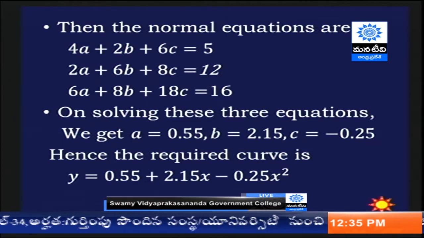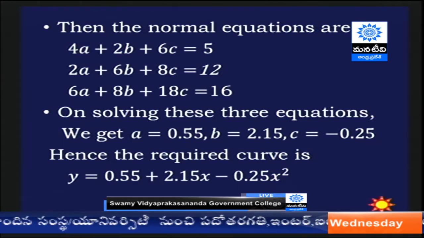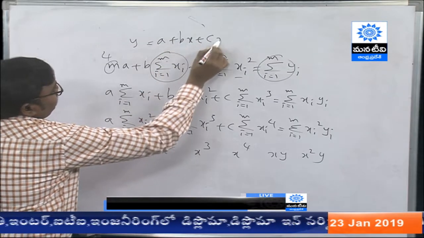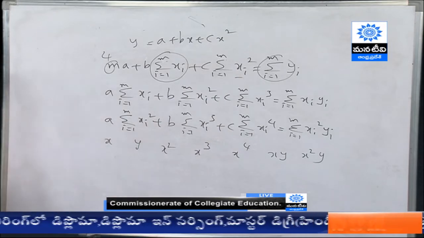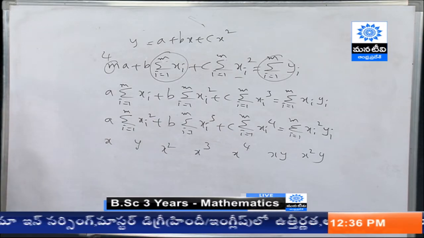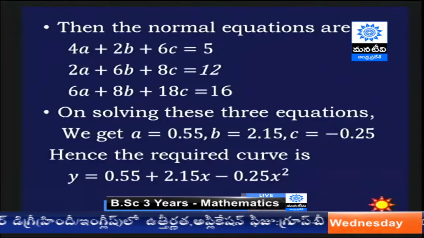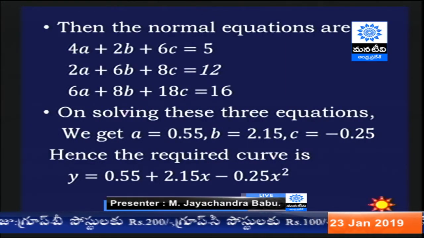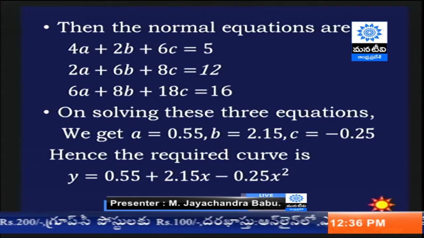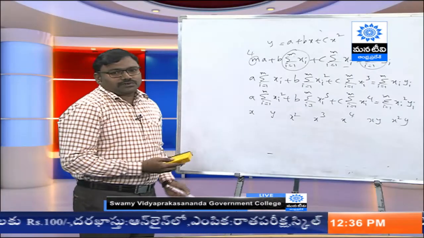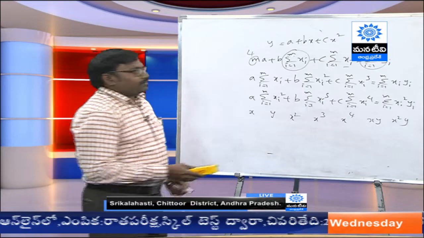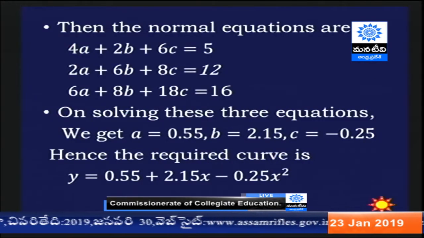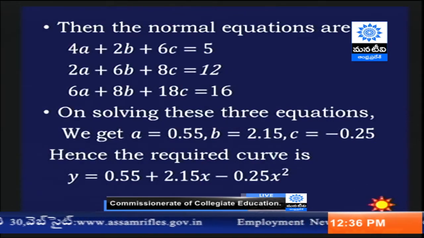On substituting these values in the general form of parabola, that is a plus bx plus cx square, we get the required curve as y equal to 0.55 plus 2.15x minus 0.25x square. So, by using these normal equations we can solve n number of problems. Now, I will show you how to fit a power function to the data.